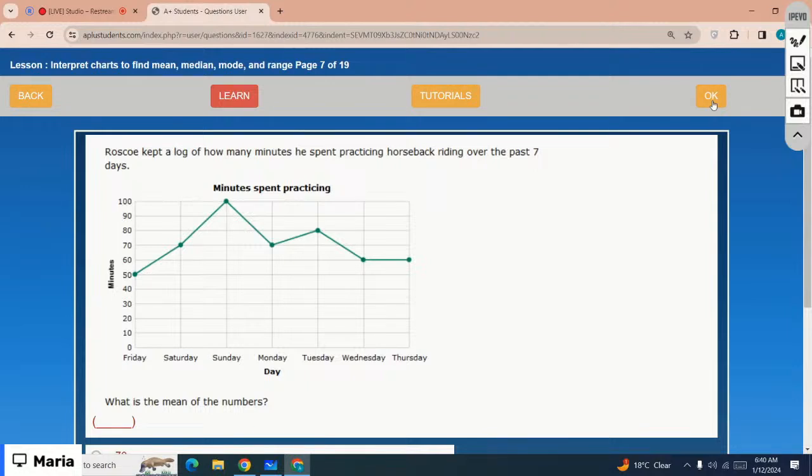You have to calculate the mean of all these values. How do you calculate the mean? You just have to add all the values and divide them by the number of values. So, which is the correct option?